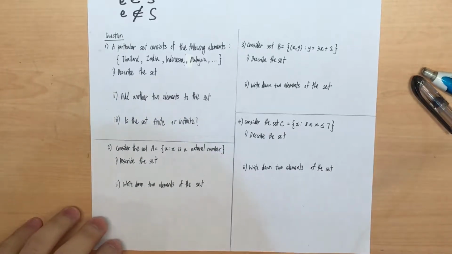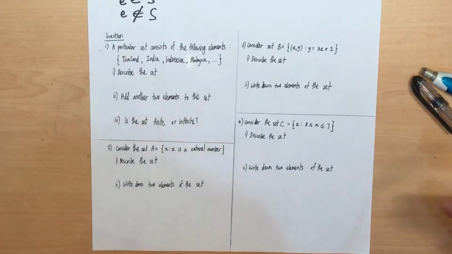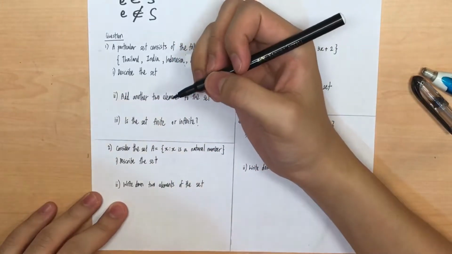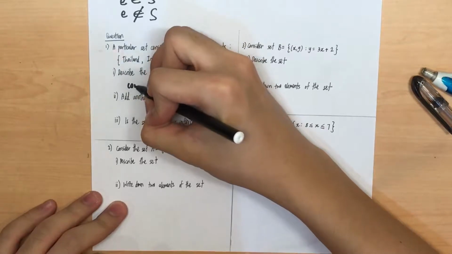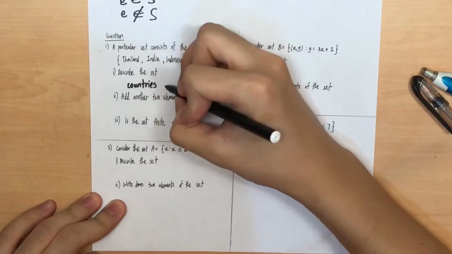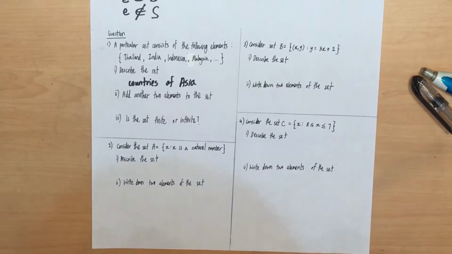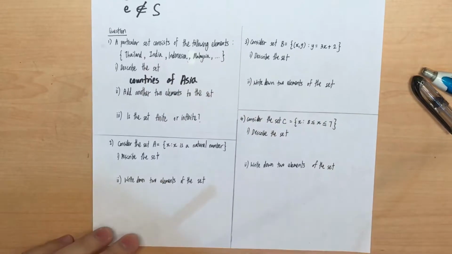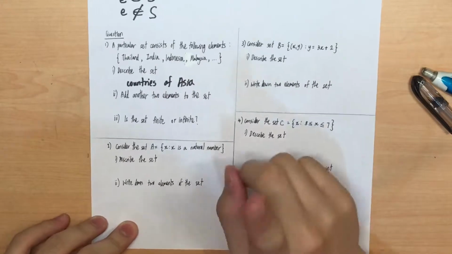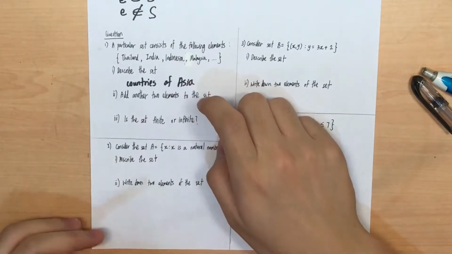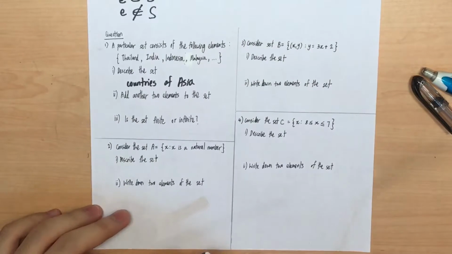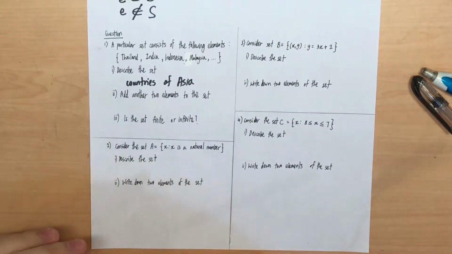You can say the elements of the set are countries of Asia, because Thailand, India, Indonesia, Malaysia are elements, and this whole thing is considered one set. Question 2.